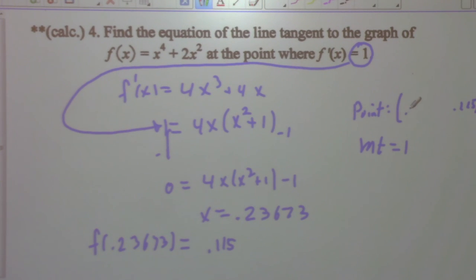So 0.237. Yeah. So we have y minus 0.115 equals negative x minus 0.237. Now I want to show you something I did: you got to be concerned about decimal places a little bit.